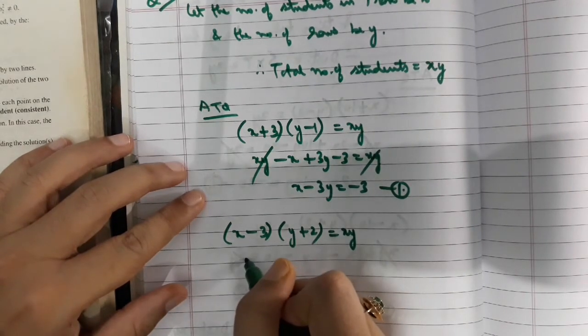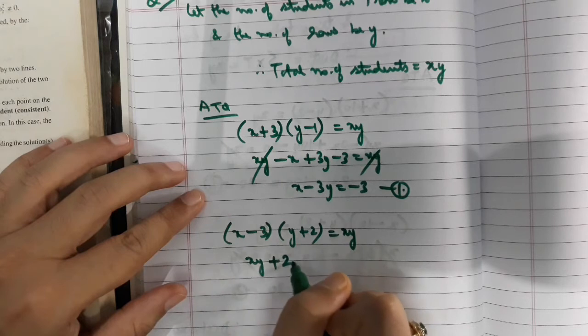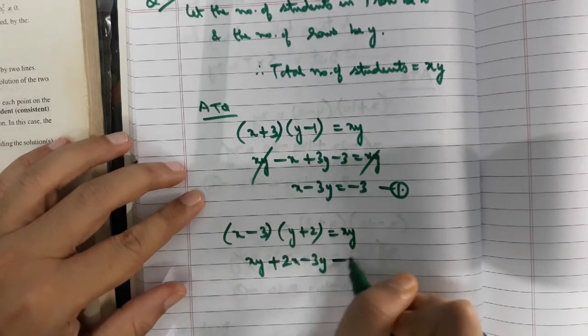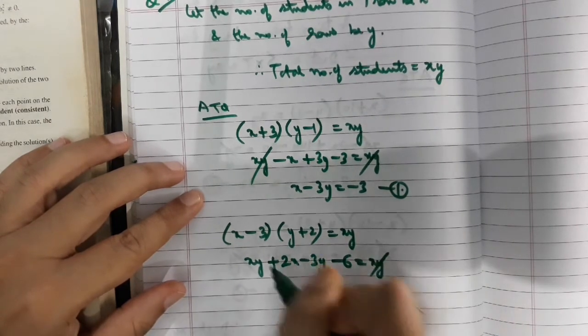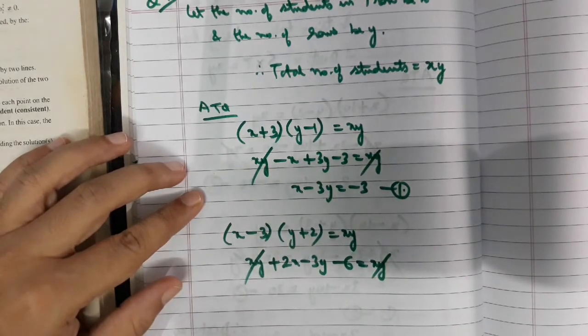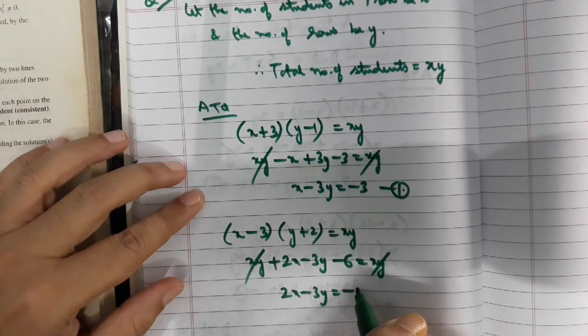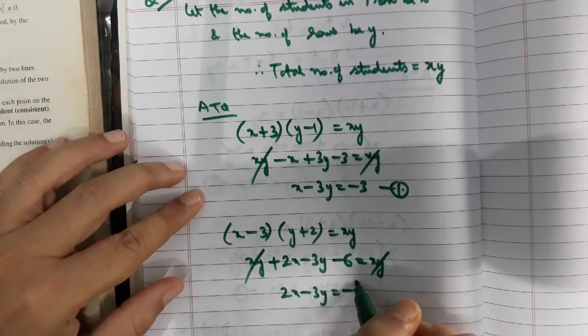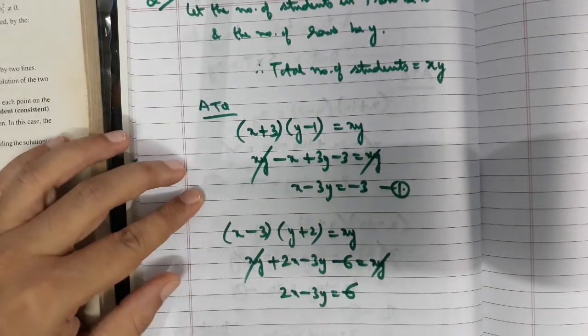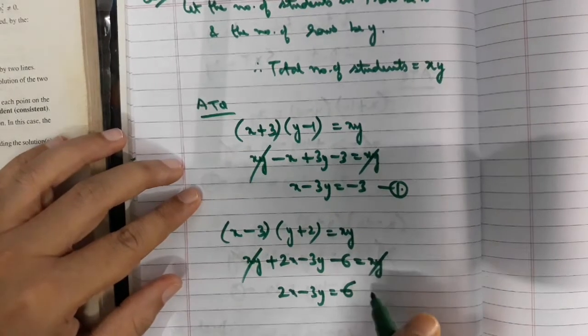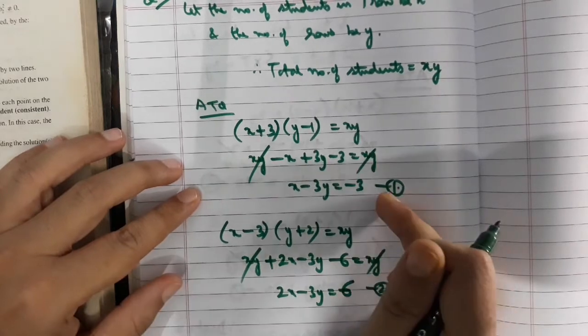Let us simplify this. xy plus 2x minus 3y minus 6 is equal to xy. xy and xy get cancelled and we obtain 2x minus 3y is equal to 6. This is the second equation and this is the first equation.